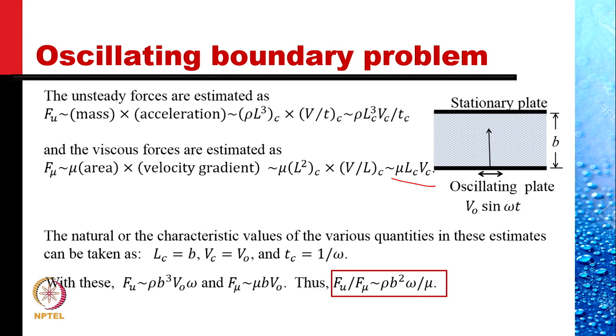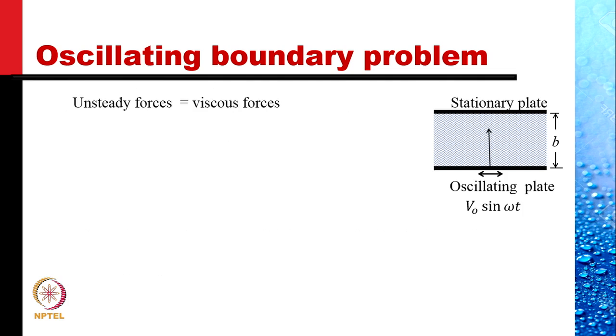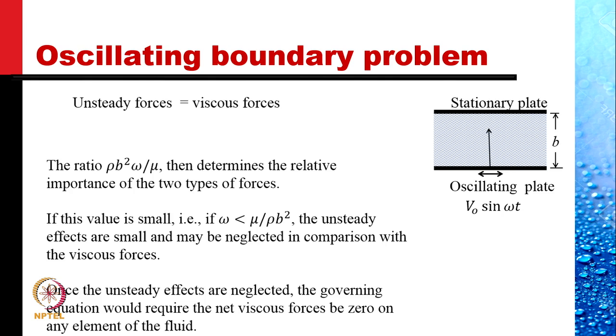divided by mu. Now, at equilibrium, the unsteady forces must balance the viscous forces. The ratio rho b square omega by mu then determines the relative importance of the two types of forces.